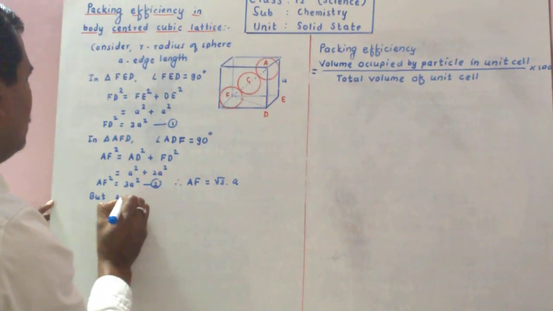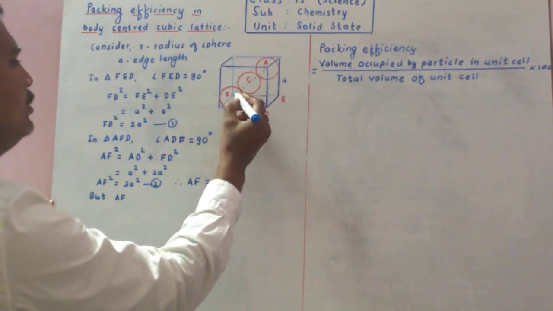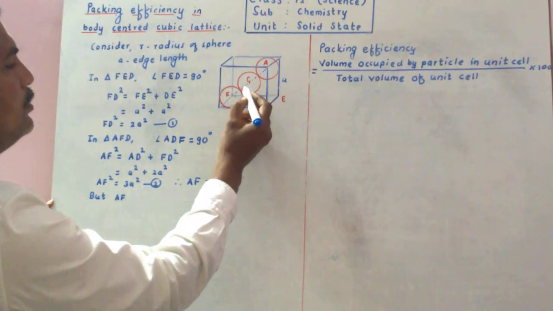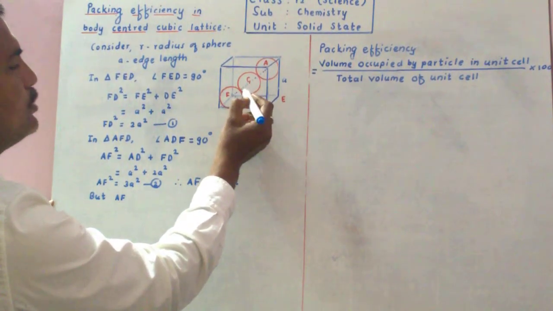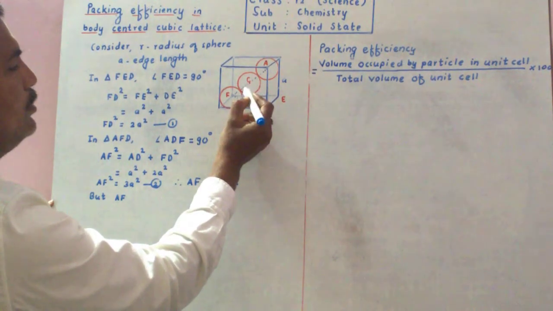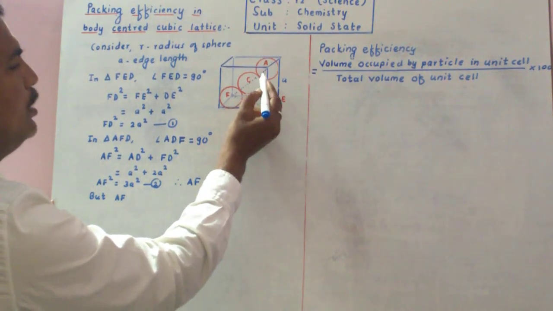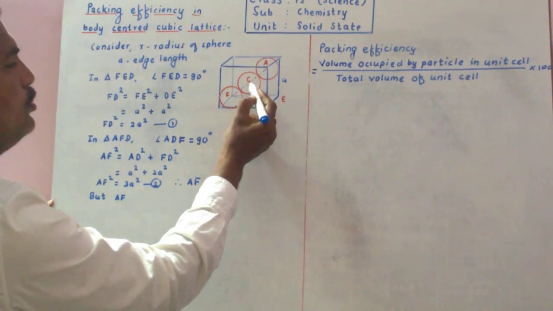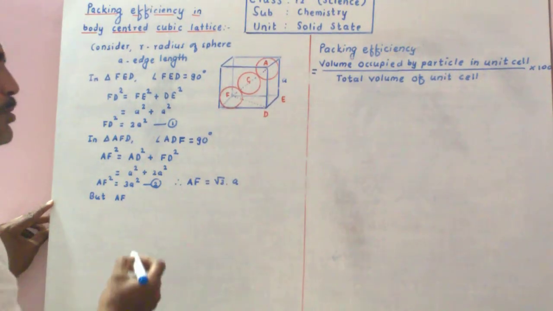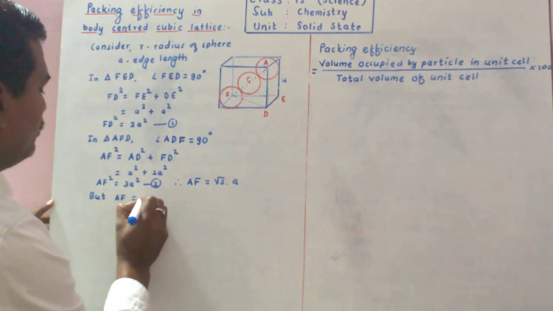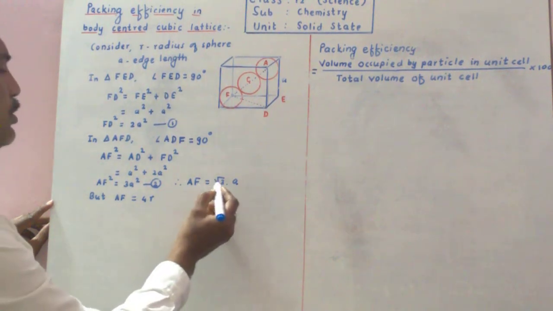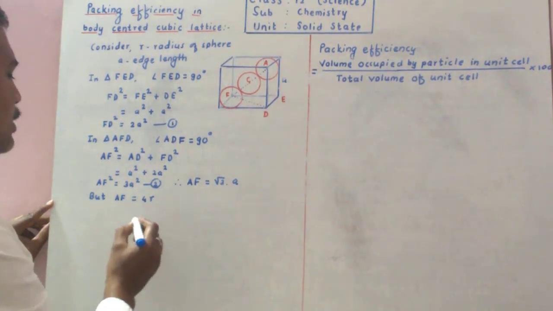So see the diagram, here R is the radius of the sphere, then here is a whole sphere, so its diameter will be 2R, R plus 2R, and again the radius of this sphere, so R plus 2R plus R, that will be 4R from the diagram. AF is equal to 4R. So here AF is equal to root 3 a and AF equal to 4R.